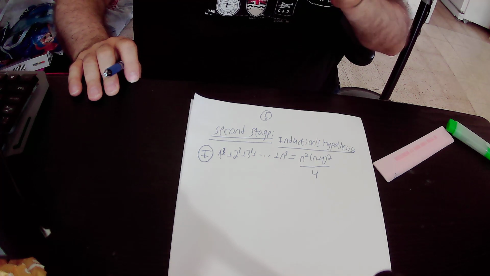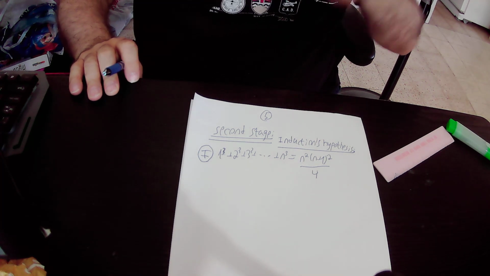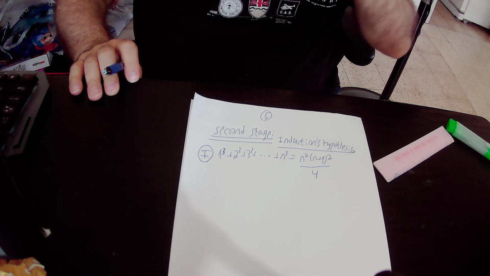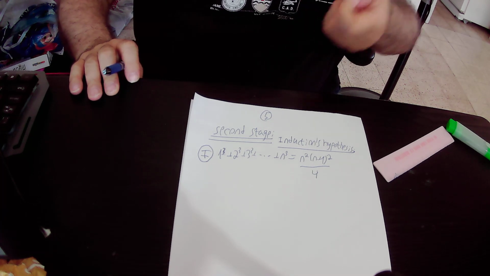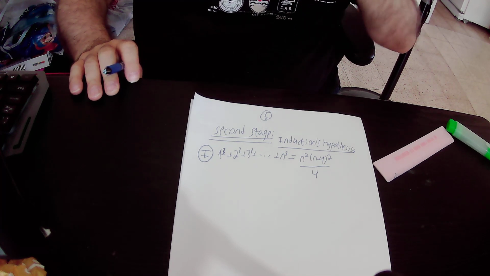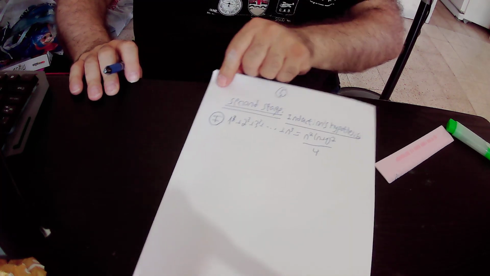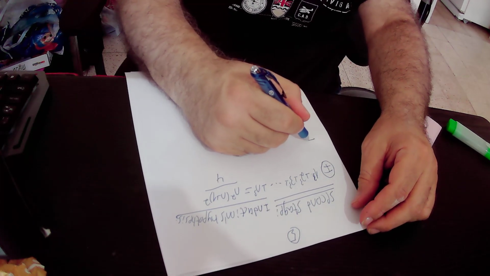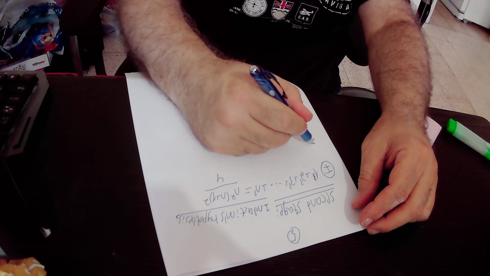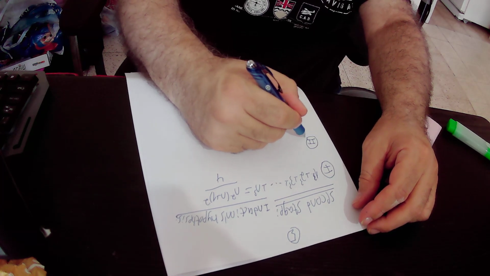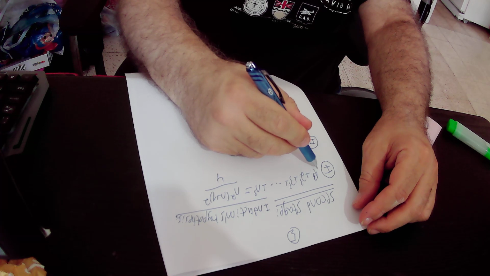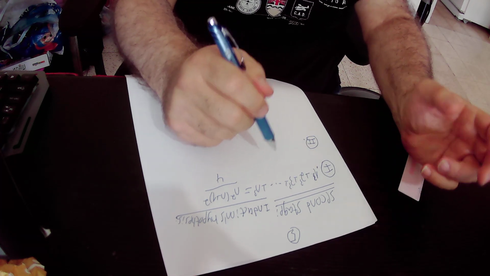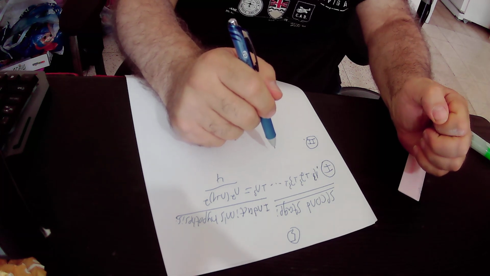Okay, and now we will rely on this assumption in order to prove that the statement is true for n plus 1. So we will create the expression for n plus 1, and we will prove that it is true relying on our assumption that it is true for n.